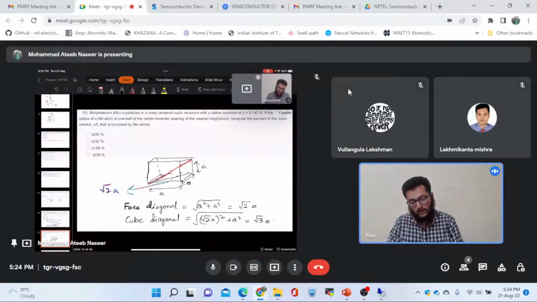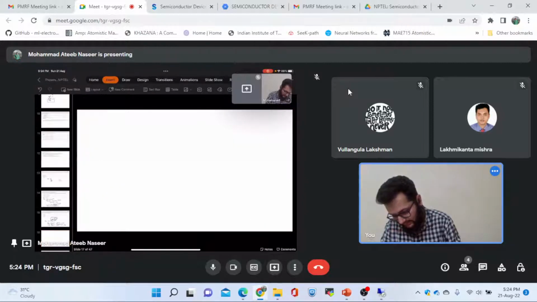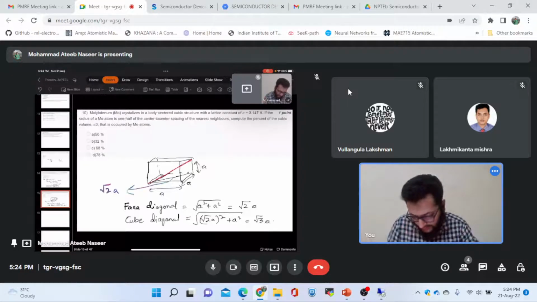Now we have got this diagonal, and we have been told that this center to center spacing is this Mo atom. The radius of this molybdenum atom is 1/2 of the center to center spacing of the nearest neighbors.